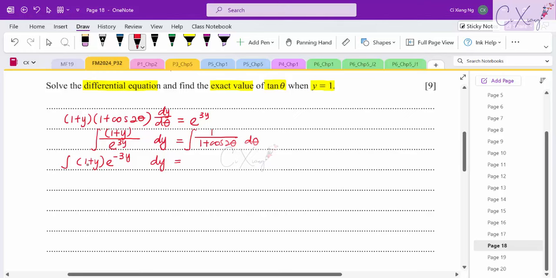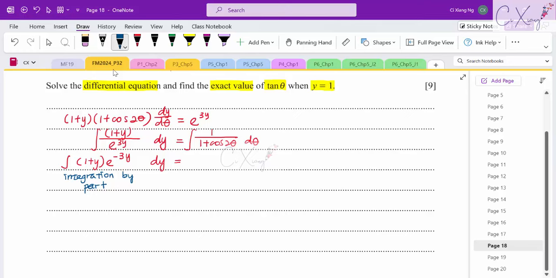The first function is 1 plus y, the second function is e power negative 3y. So this is a product of two different functions, right? So the technique to use for this part should be integration by parts. Later we are going to apply integration by parts for the integration on the left.